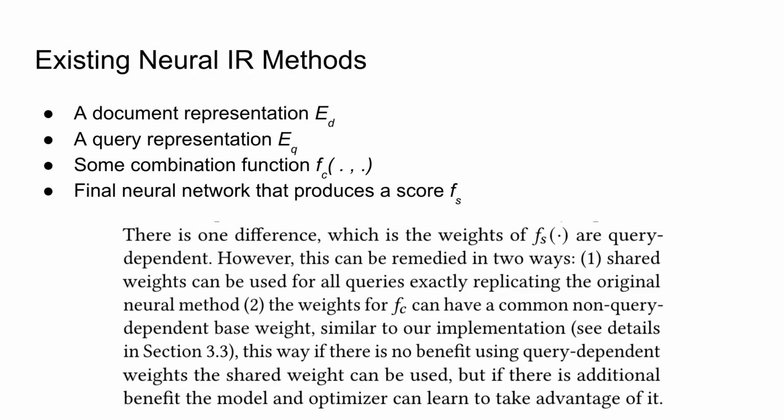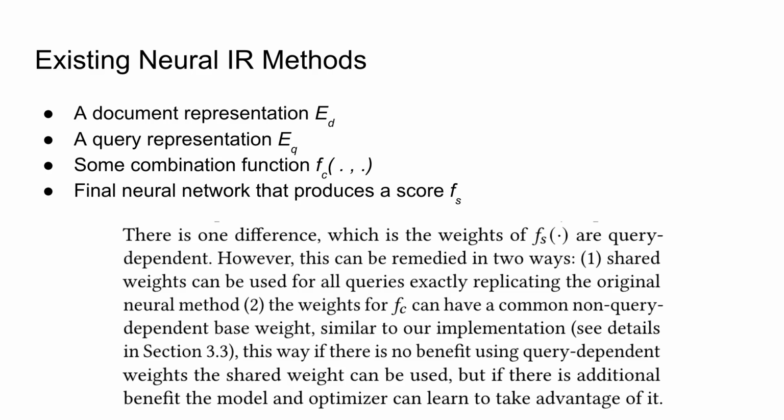There is one difference, which is the weights of FS are query dependent in our case. However, this can be remedied in 2 ways if we want to make this similar to existing neural IR methods. We can have shared weights, or the weights for FC can have a common non-query dependent base weight, similar to our implementation. And so if there's no benefit using query dependent weights, the shared weight can be used.